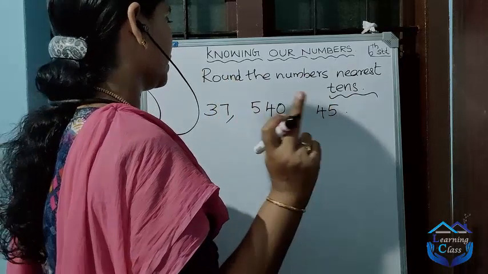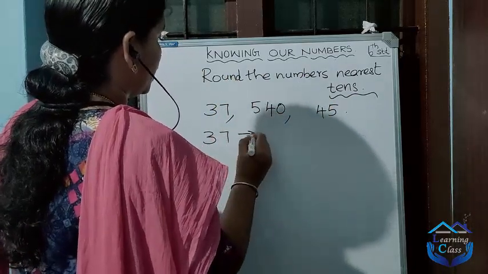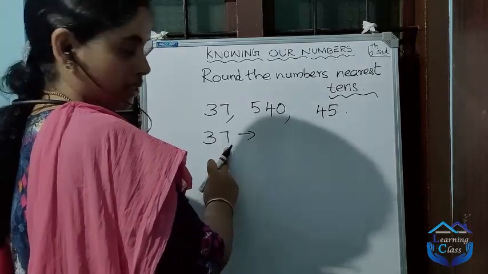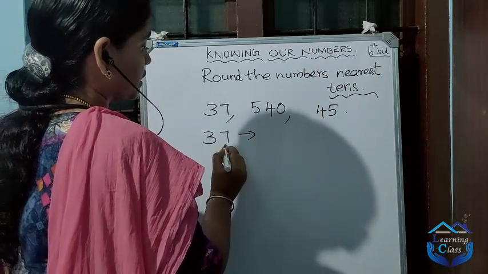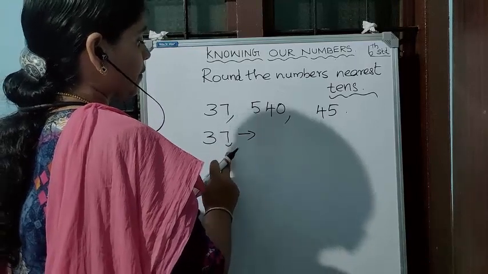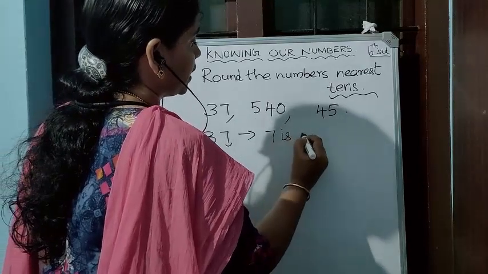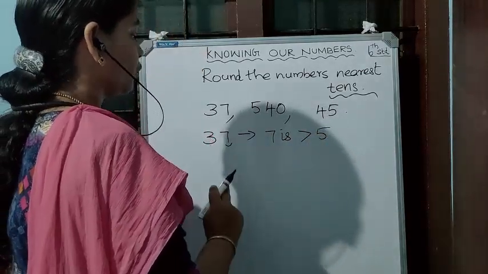Here, nearest 10. In this case 37. In this case we are going to check the ones digit. For the nearest tens, we check the last digit. Here the digit is 7. We know that 7 is greater than 5. So what we will do?